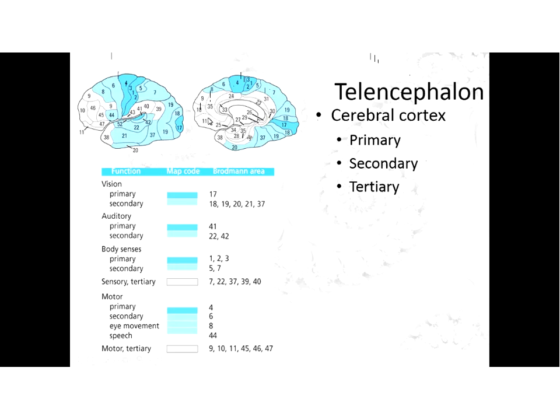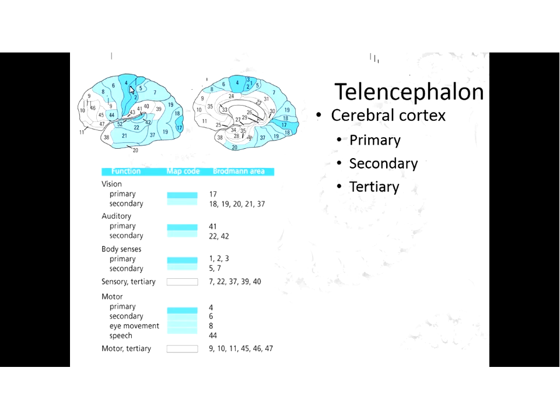Now tertiary is indicated by all of the white areas in these diagrams. That is where we have multisensory or multimodal processing of information. And you can see a bulk of our frontal cortex represents that kind of processing of information from touch and visual processing, or auditory and visual, or motor and sensory.